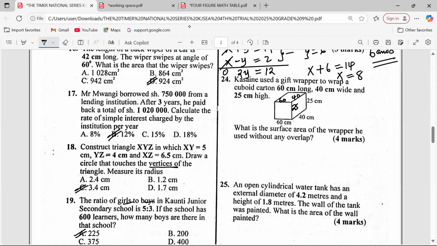So 60 by 25, then we multiply by 2 such faces. And what are we going to get here? 60 by 25 times 2. The front face that we are seeing here, times 2 because of the similar surface at the back of the same carton. This is going to give us 3,000.